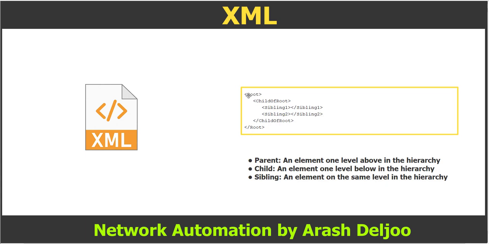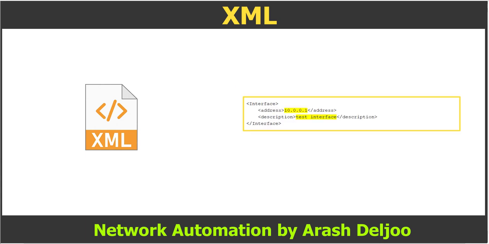This starts the root and this finishes the root. This starts the child of the root and this finishes the child of the root. This starts sibling 1 and this finishes sibling 1. This is the hierarchy of the XML.